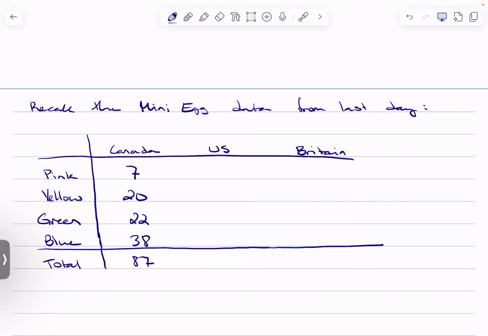Oh, wouldn't it be so cute if I had Argentina instead of the US? Because then it would be ABC. Argentina, whether that makes sense or not, because then I can have C, A, and B. ABC.